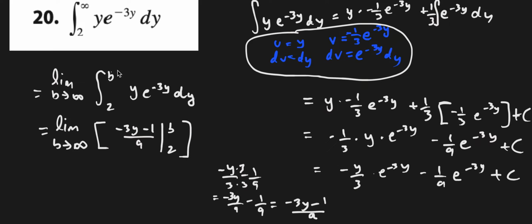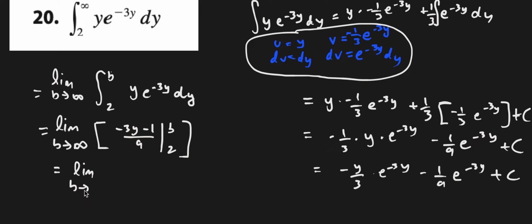So we're still in the y world, so we have the same bounds of integration here. This ends up being the limit as b approaches infinity of negative 3b minus 1 by 9. And I forgot to add the e to the negative 3y here. This is a very stupid mistake. Times e to the negative 3y.